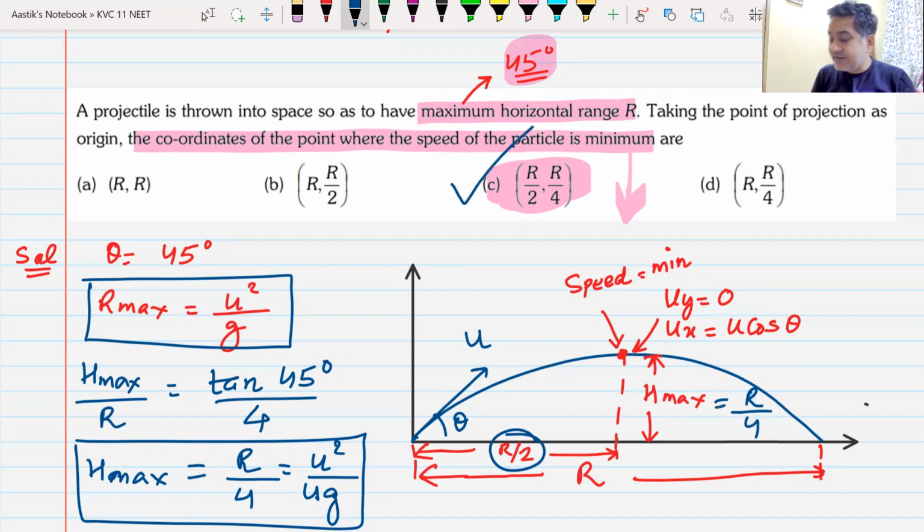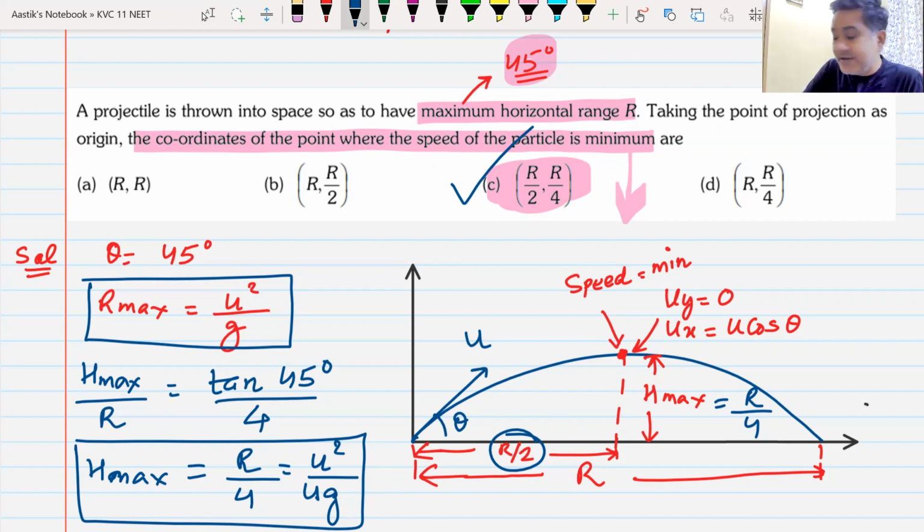The correct answer is r by 2, comma r by 4. Do we understand how I have done this? Nothing extra, nothing extravagant. We have just used the formulas that I had already given.